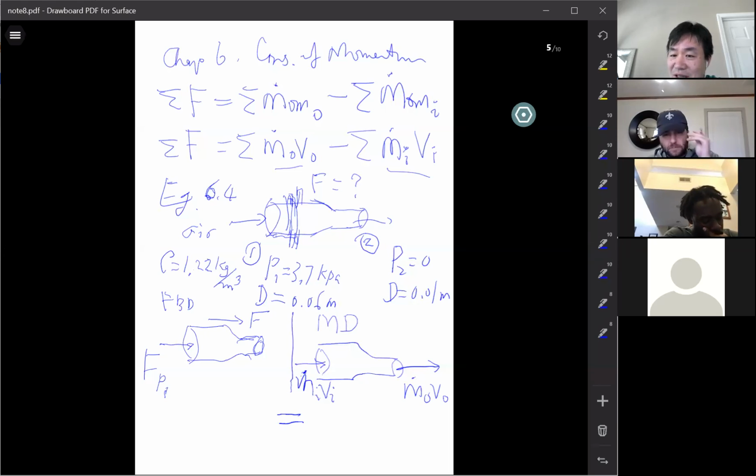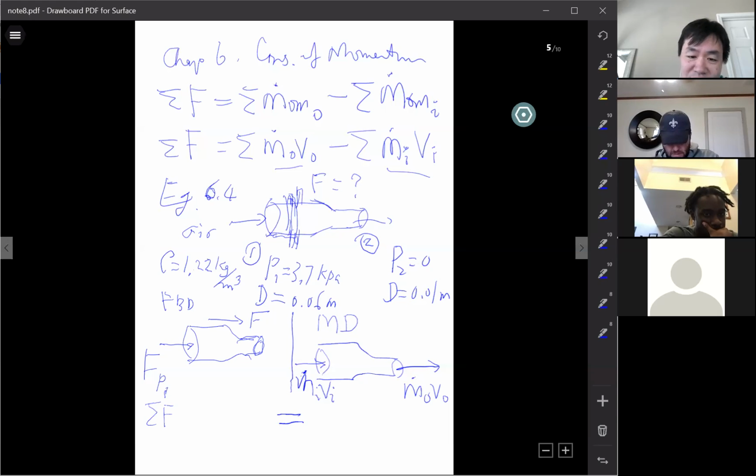All the engineers and scientists who developed equation theory have to prove something equals something. So in this case, conservation of momentum, summation of force will be equal to momentum out minus momentum in.